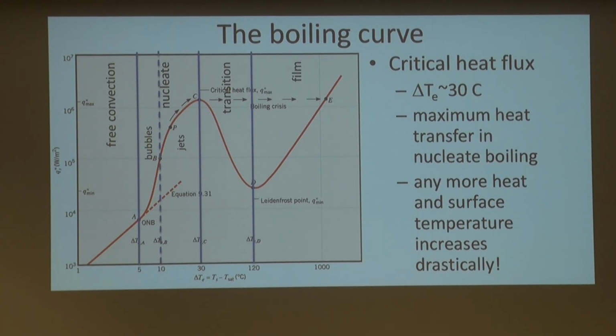If I were to put just 10 to the 6 watts per square meter, right, what would be my excess temperature? Something like that, right? Now, how about if I put say 2 times 10 to the 6? What is excess temperature?